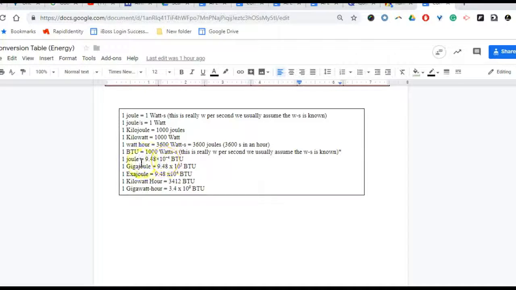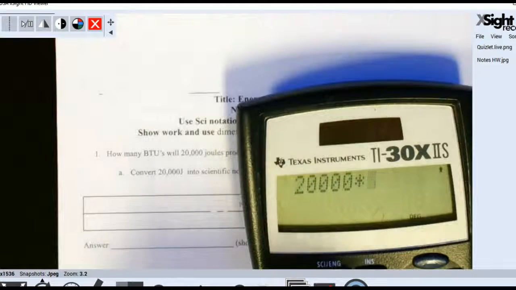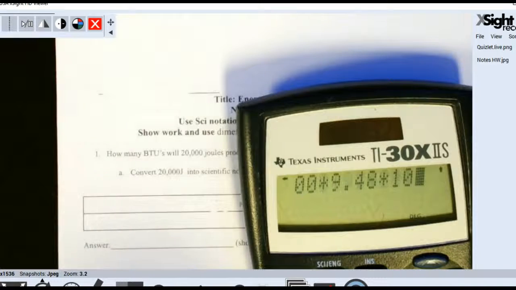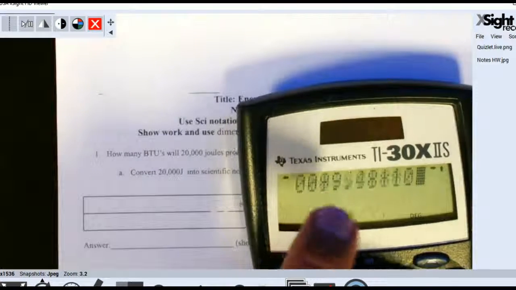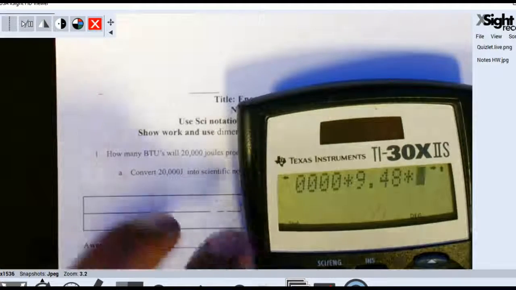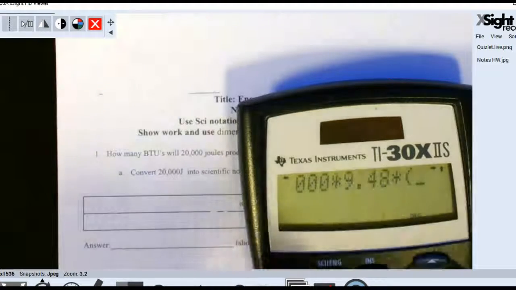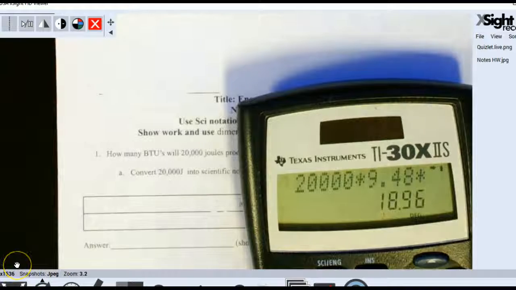Here we go. 1 joule is equal to 9.48 times 10 to the negative 4th BTU. So if we have 20,000 joules, we multiply it by 9.48 times 10 to the negative 4th. Normally, I'm going to want to put these in parentheses so I don't have to worry about order of operations too much. And that'll give us 18.96.